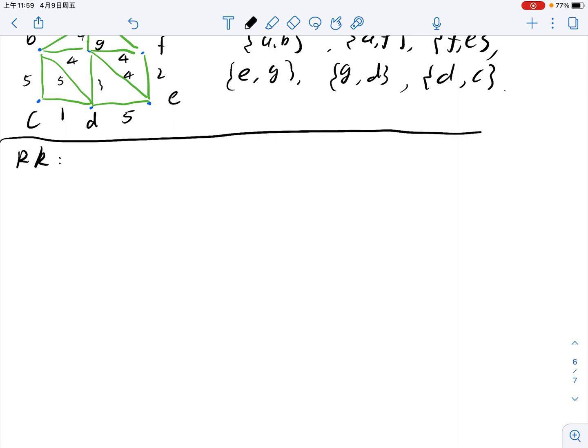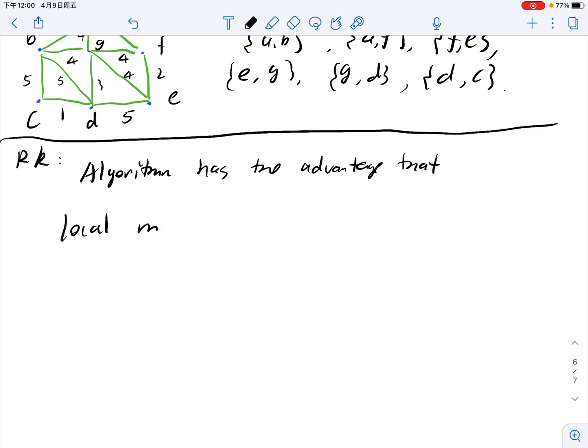Now I'd like to make a remark about the greedy algorithms that generate the minimum weight spanning tree. The algorithm has the advantage that at each step we only care about a local minimum.